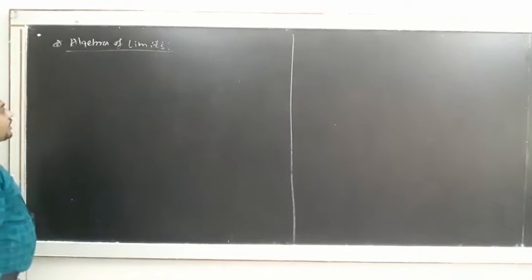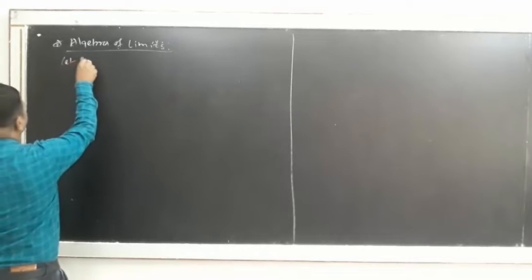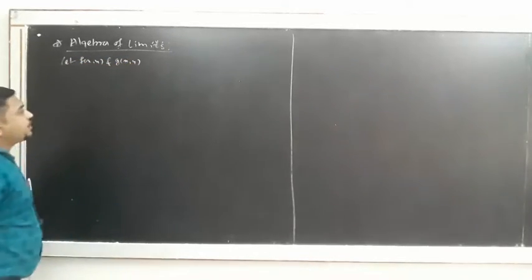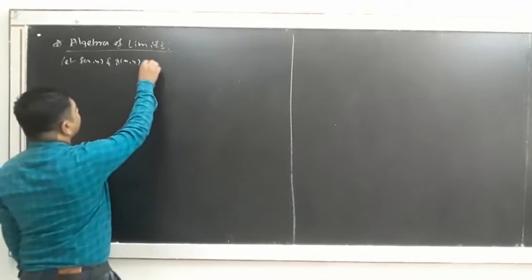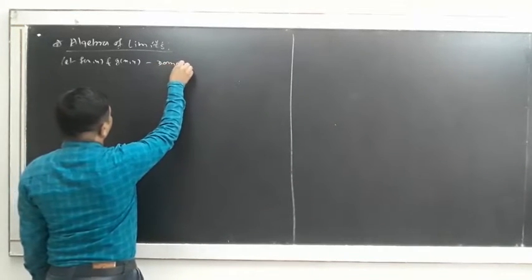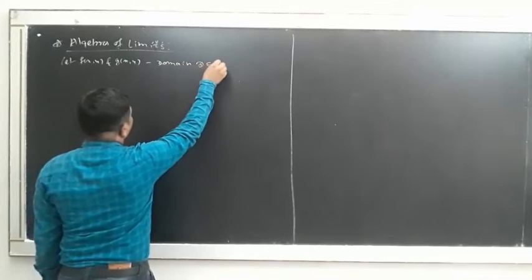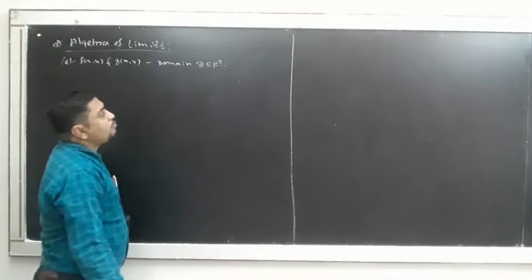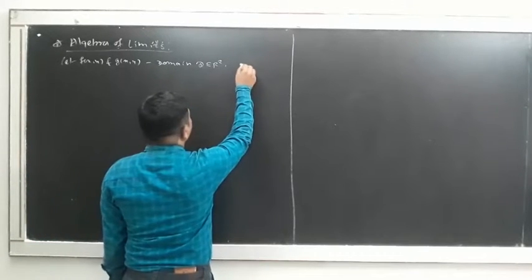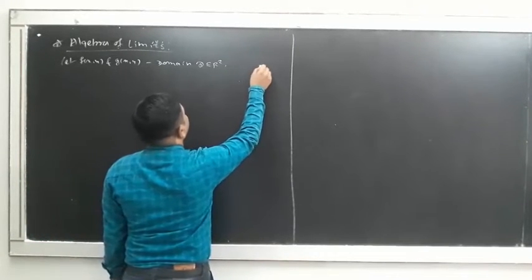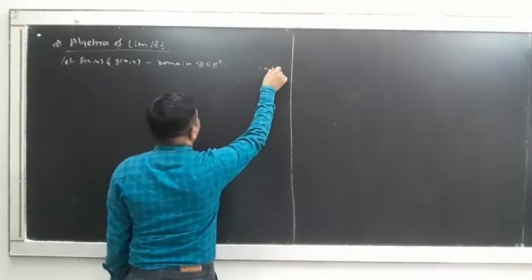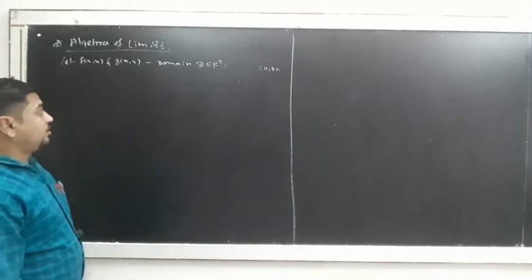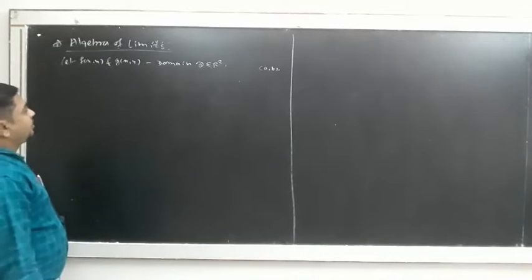For this, what do we require? Let f of xy and g of xy be functions defined in a domain D subset of R square, and D contains all nearby points of point AB.